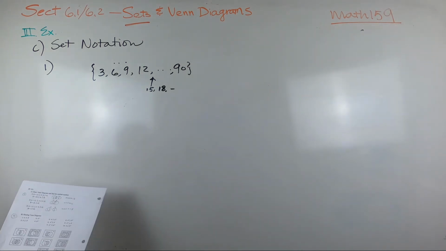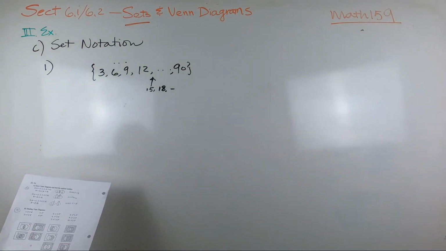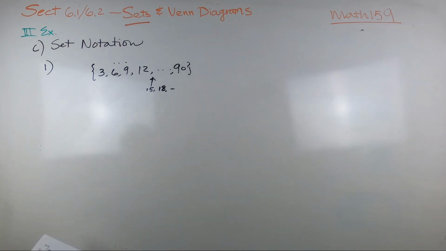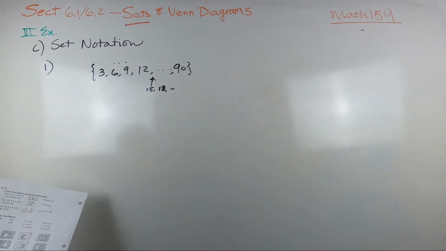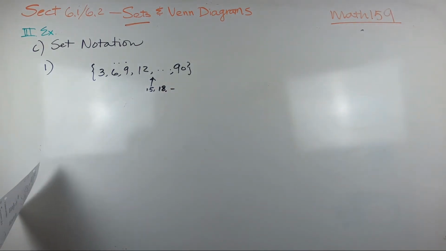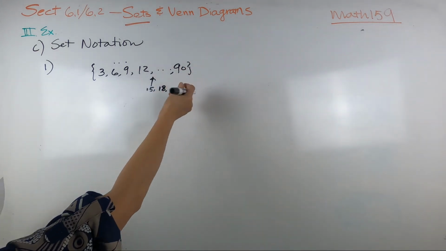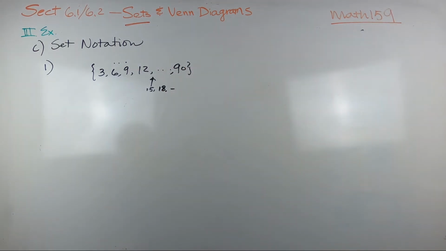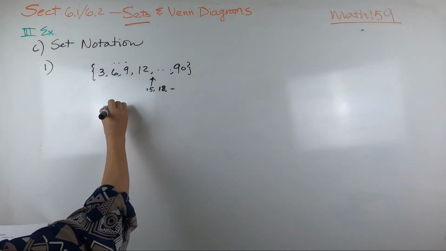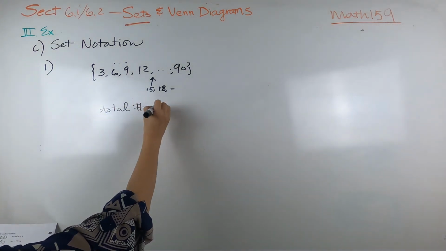Then we ask you, what is the total number of elements in a set? This is a set, right? Total number means what? Cardinal numbers. In this set, what do you think? Dot, dot, dot means keep going up to here. How many numbers in there?